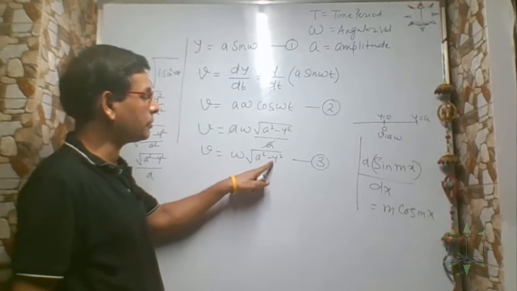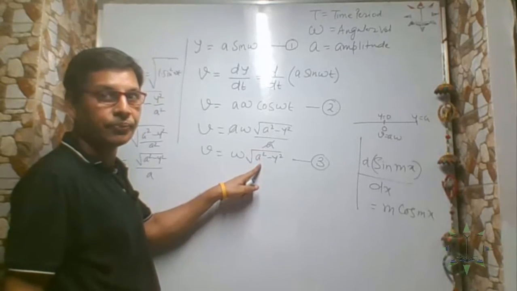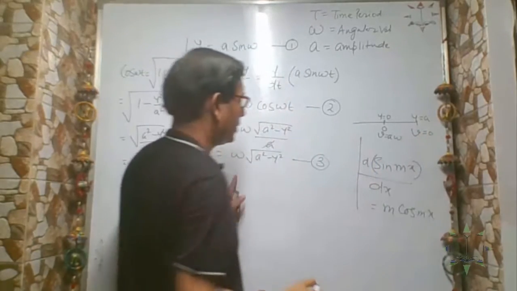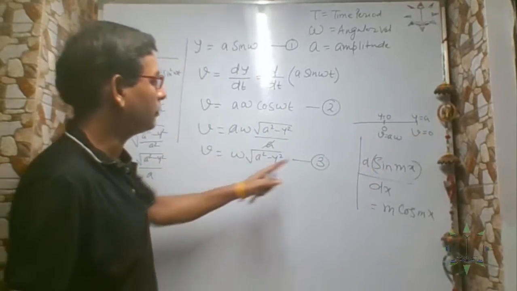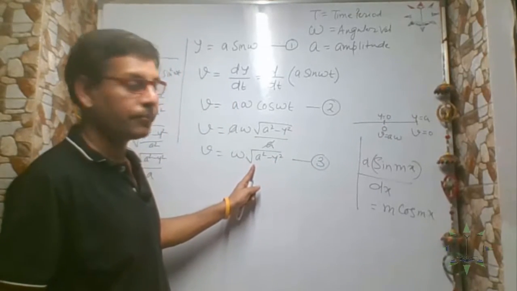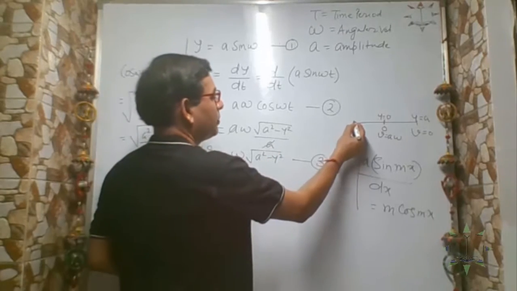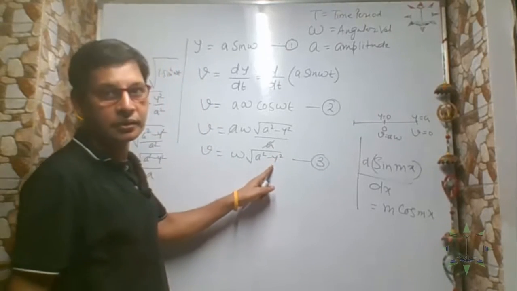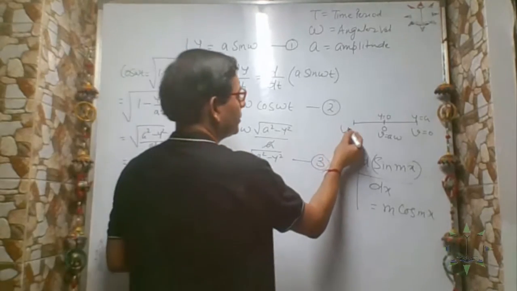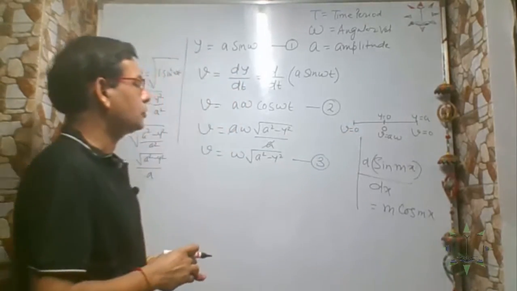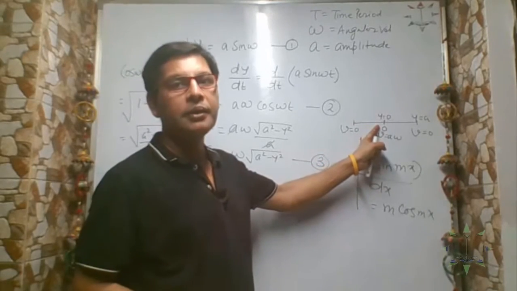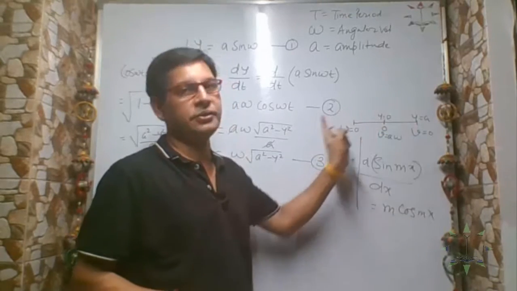So a square minus a square is 0, and the velocity is equal to 0. When it is again coming back, y is 0 and the velocity is a omega. At y equal to minus a, it doesn't matter, y square is there, so again the velocity will be 0. So the velocity of the particle is maximum at the mean position and 0 at the two extreme ends.